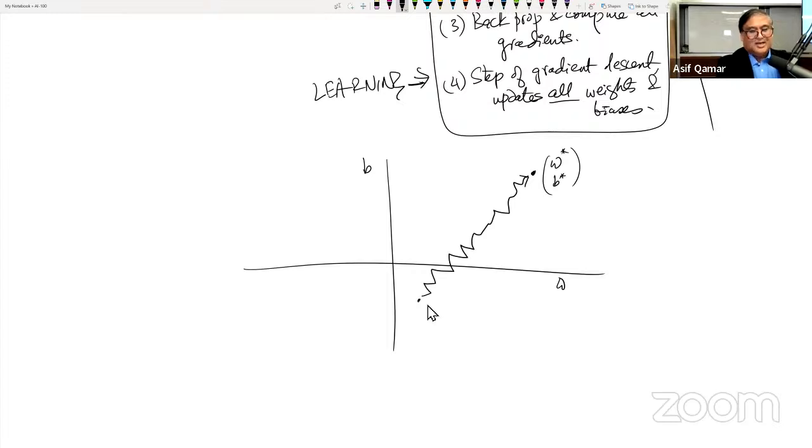Your values will start drifting with each mini batch, with each step, making small steps in more or less the right direction. Why did I make it zigzag? Because a mini batch would have errors, and there's also noise in the data. But you hope that when you run through many, many steps, those errors keep canceling out and you drift in the right direction.